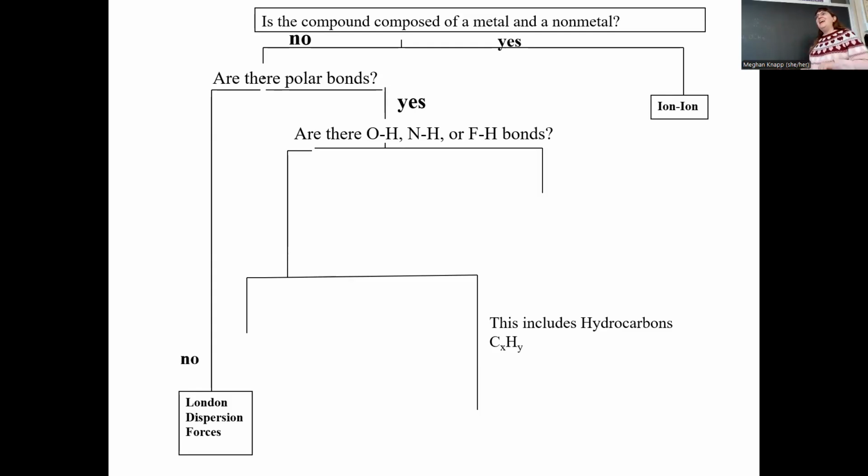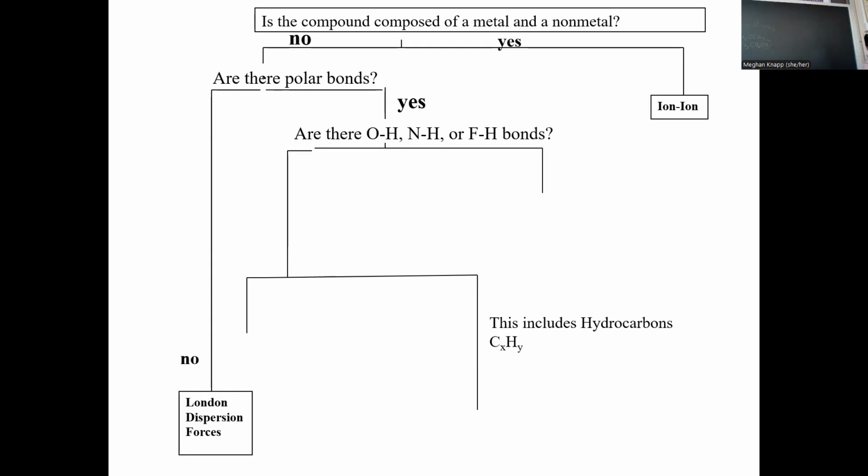But if I had ethanol, which has the same number of atoms and the same kinds of atoms, 2 carbons, 6 hydrogens, and an oxygen, I would write CH3CH2OH. So these two are what we call isomers of one another. This one with that OH written together is telling me hydrogen bonding is involved.